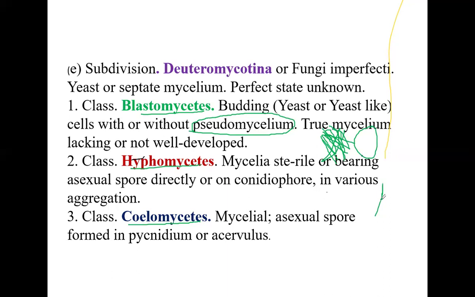If the mycelium is sterile and has only asexual spores, either arthrospores, conidiospores, chlamydospores, blastospores, or oidia, these are the types of asexual spores in fungi that you have studied in reproduction. Whatever the spore type, endogenous or exogenous, they are all grouped in Hyphomycetes.